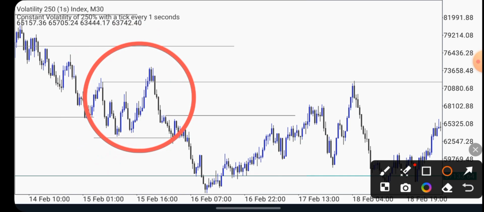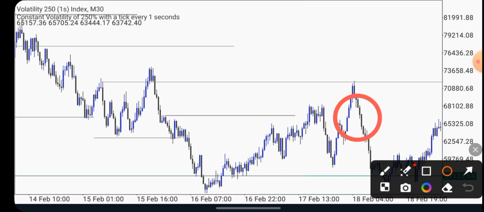It's a very good zone, a very excellent zone. It has the order block, and the liquidity on the other side has been swept. And now we just waited to see what is going to happen.